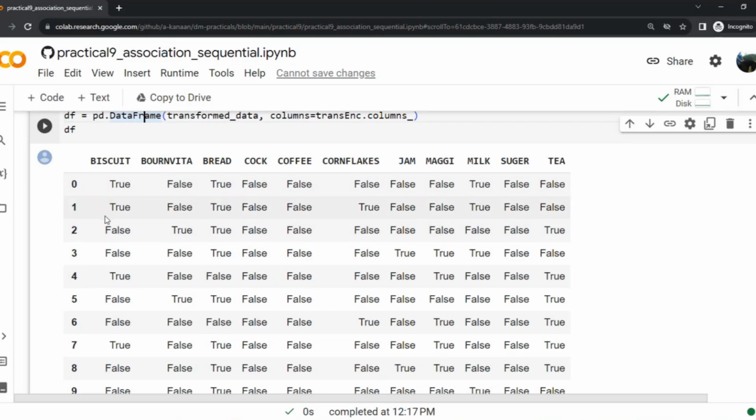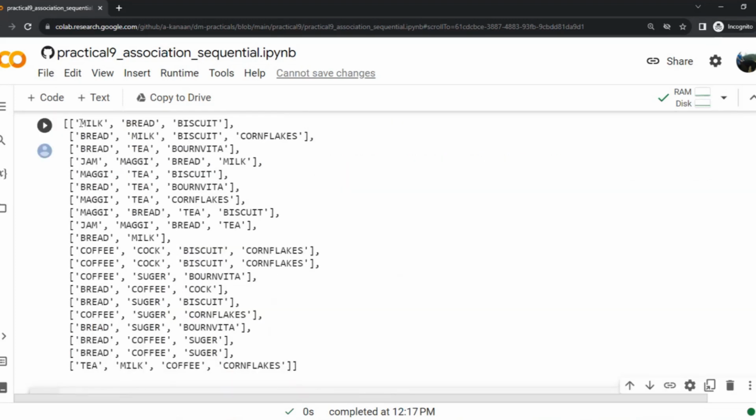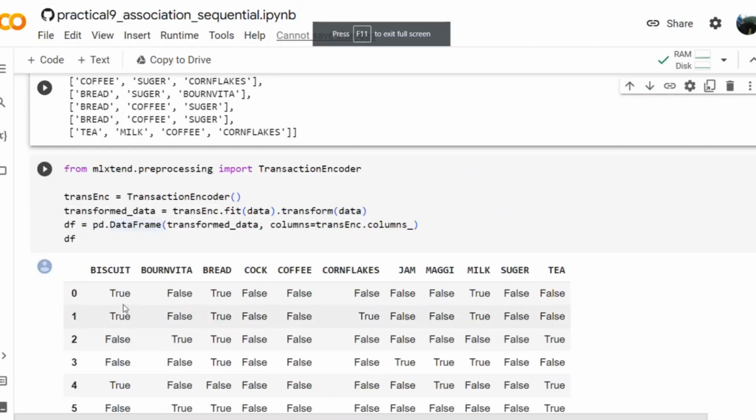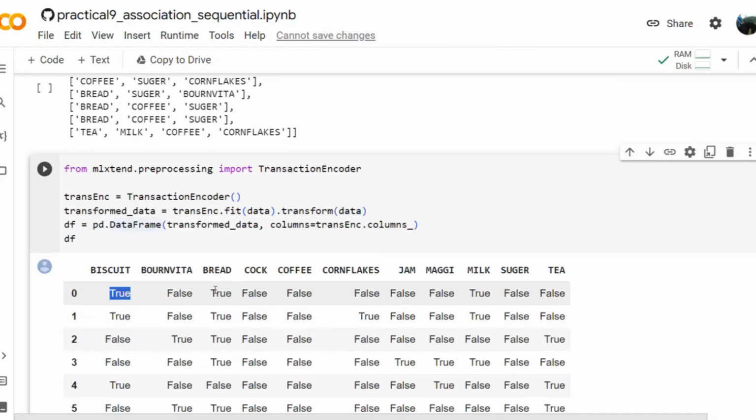Again, taking the first list, we had milk, bread, and biscuit. So we can see bread true, biscuit true, and milk true. The rest are false because they are not part of the first transaction. Okay, so far?